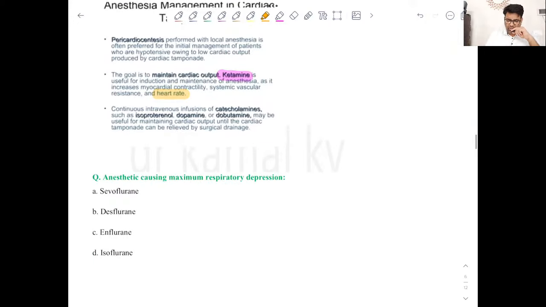Chalo. Now, the anesthetic agent which causes maximum respiratory depression. Now these are some questions where there is not much logic and you just have to memorize. So maximum respiratory depression, anyone would like to make a guess here?